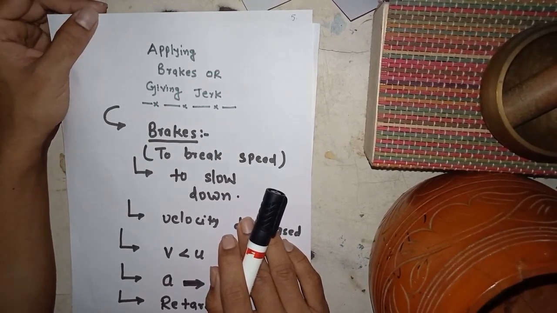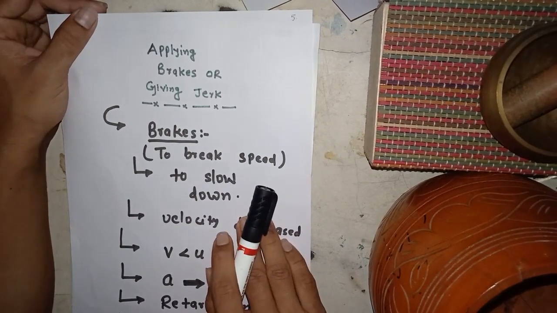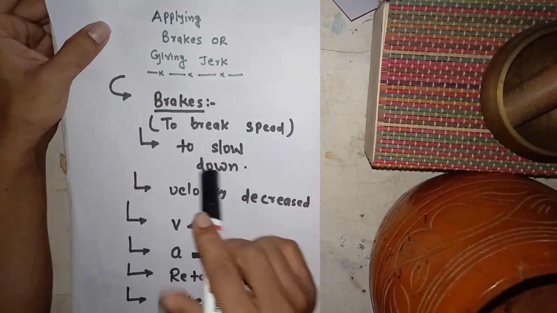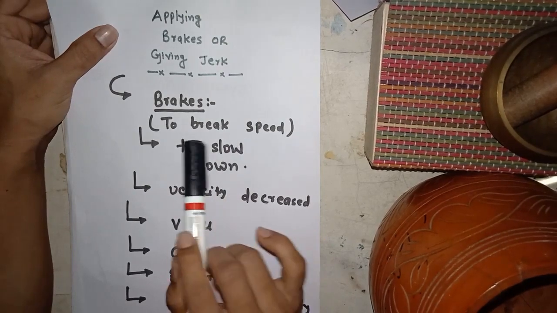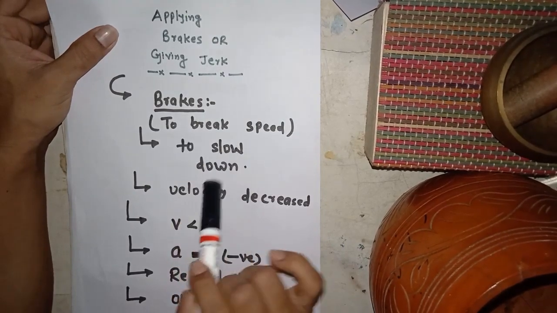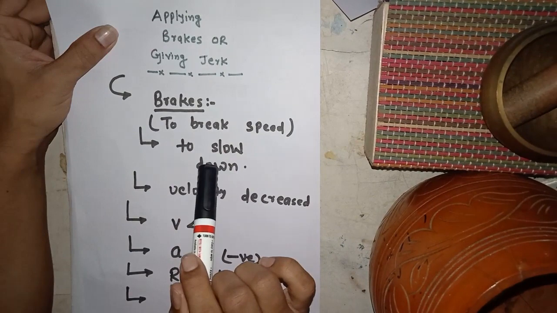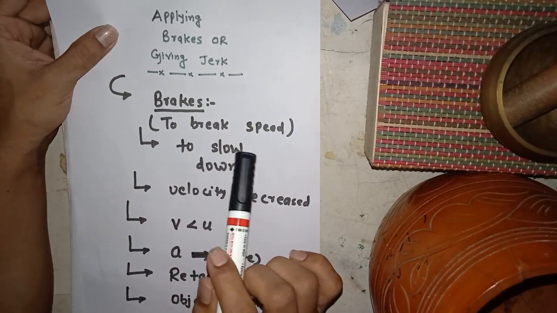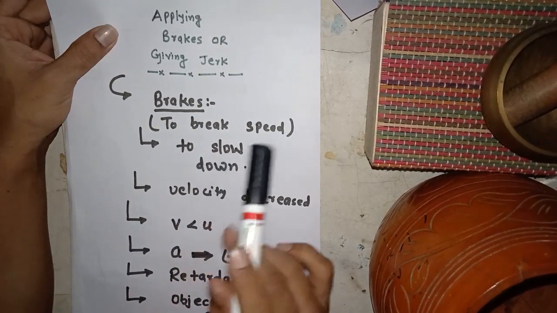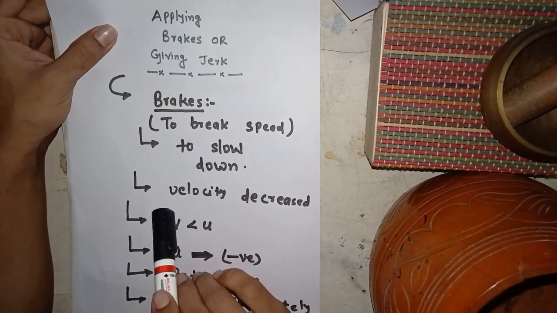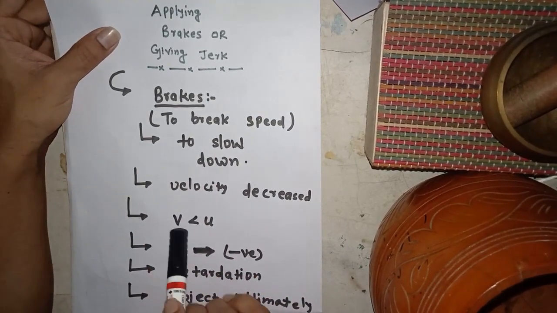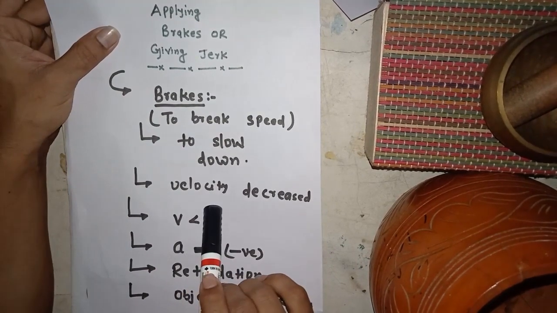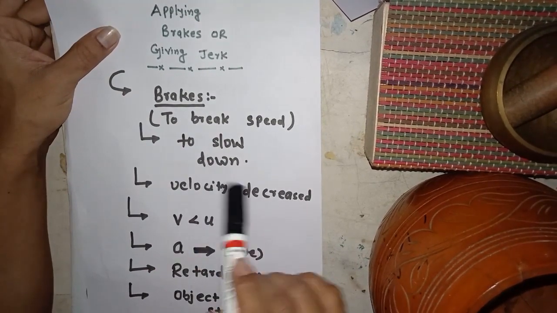Yes or no? Brakes means to brake the speed, and whenever brakes are applied, its speed becomes lower than the previous one. So velocity decreases. So the final velocity is always less than the initial velocity because its speed decreases.